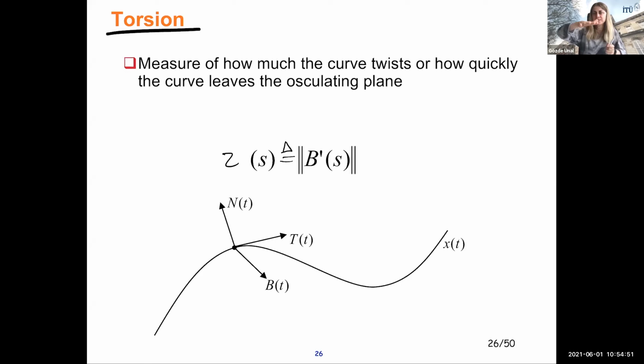Then how fast that osculating plane, this N and T plane, changes, right? This guy is normal to that plane. It makes sense, right? If it was a planar curve, I have a plane and a T-plane here. Now start twisting the curve, and that plane starts changing very quickly. That's the idea of torsion or twisting.